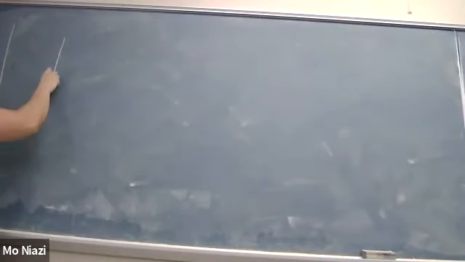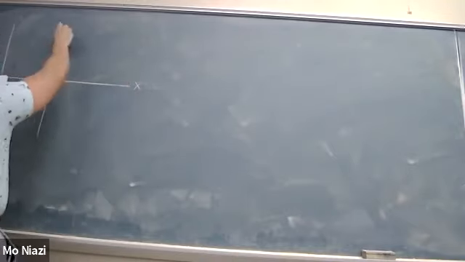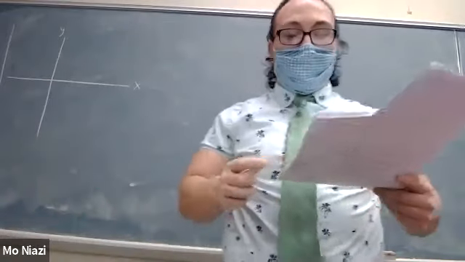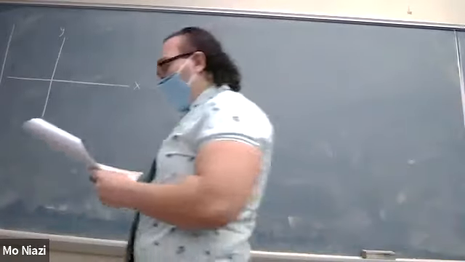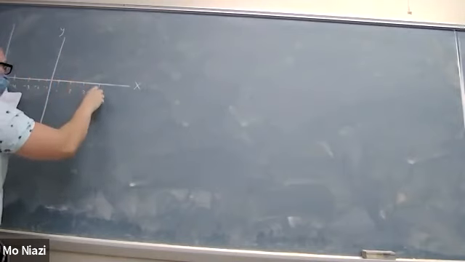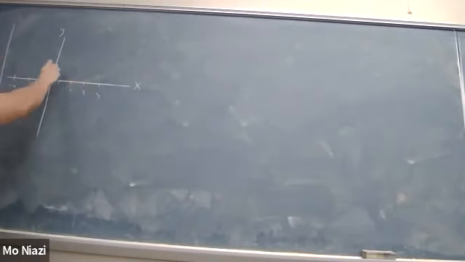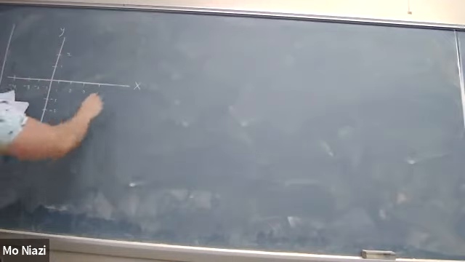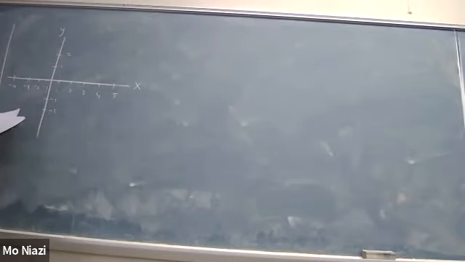All right, so let's say we have a function here. Let me draw this one carefully. We have -4, -3, -2, -1, 1, 2, 3, 4, and 1, 2, -1, -2, and 5 here for good measure.